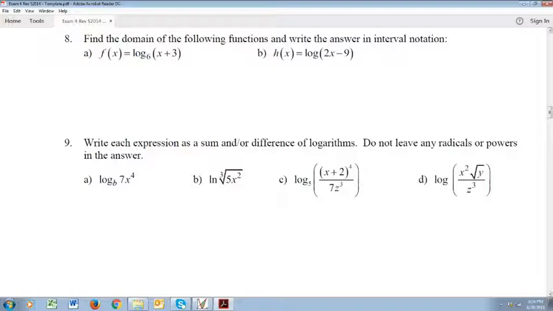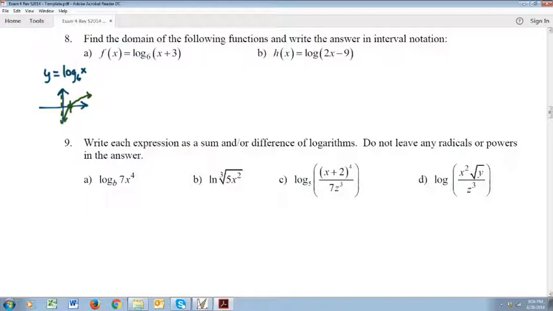All right, let's look at number 8. It says find the domain of the following functions and write your answer in interval notation. So first of all, I want to remind you, if you're graphing a logarithmic function like log base 6 of x, here we have a base that's greater than 1, and so we know it's going to go through 1, 0.